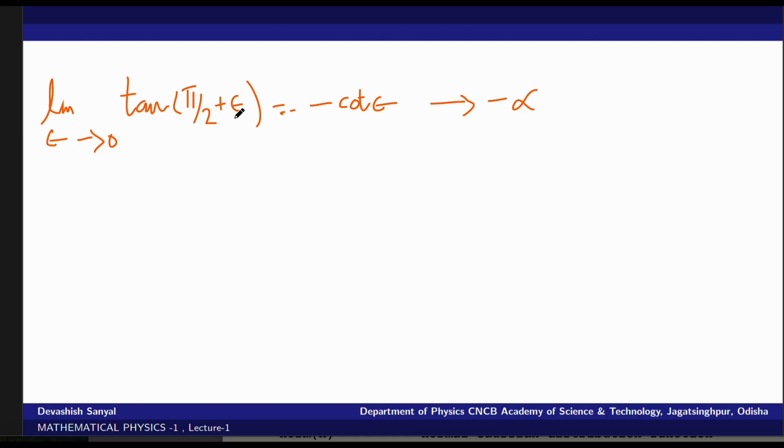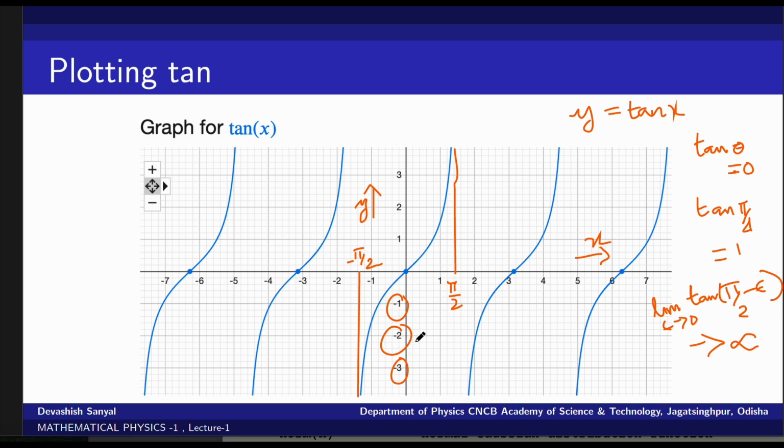So if you just cross, you can extend this one like this. I hope you get the point. So here it's going to infinity, and as soon as you cross the π/2 line, on this side it is -infinity.